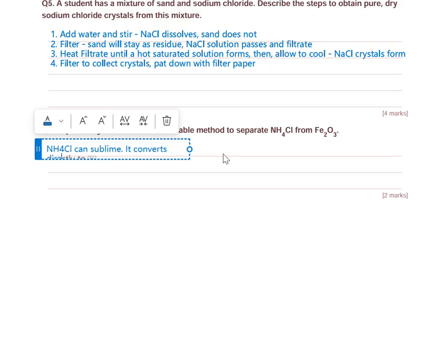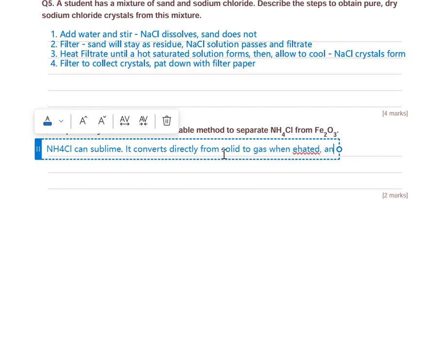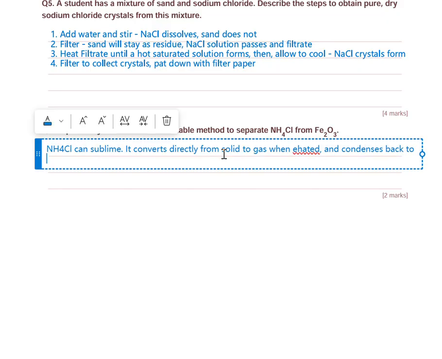It converts directly from solid to gas when heated, and condenses back to solid on the cooler inverted funnel.